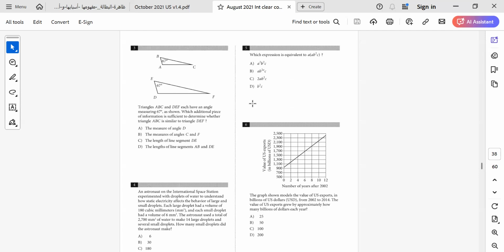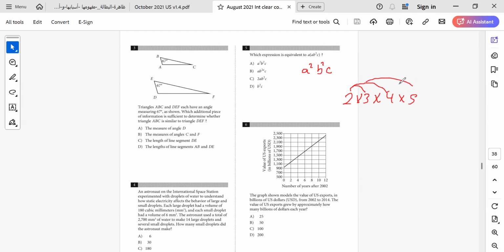Okay, question 5. Which expression is this? The bracket means multiply. A will multiply only with A, so A times A is A squared. But B will remain the same and C will remain the same when I multiply. If I told you 2 times 3 times 4 times 5, do you think I multiply 2 by 3 and 2 by 4 and 2 by 5?